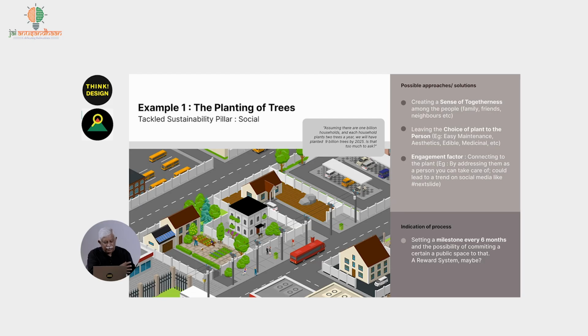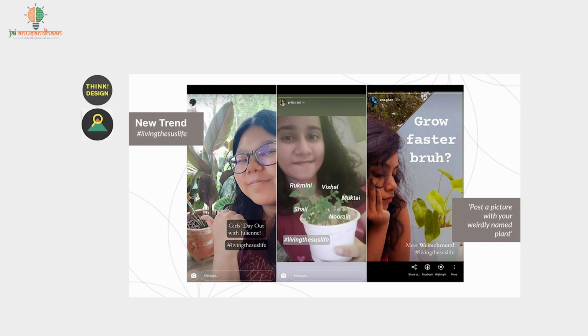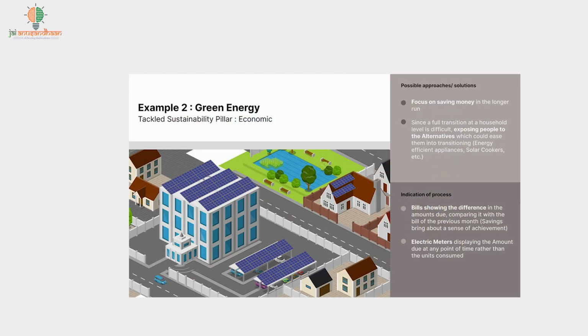Because plants and trees take time to grow, you set milestones, let's say every 6 months, and then you see how much contribution planting plants and trees has made to the society. For example, you could use social media to get all the teenagers involved. They share a plant, they name a plant, and they grow a plant, and they share that within the media itself.